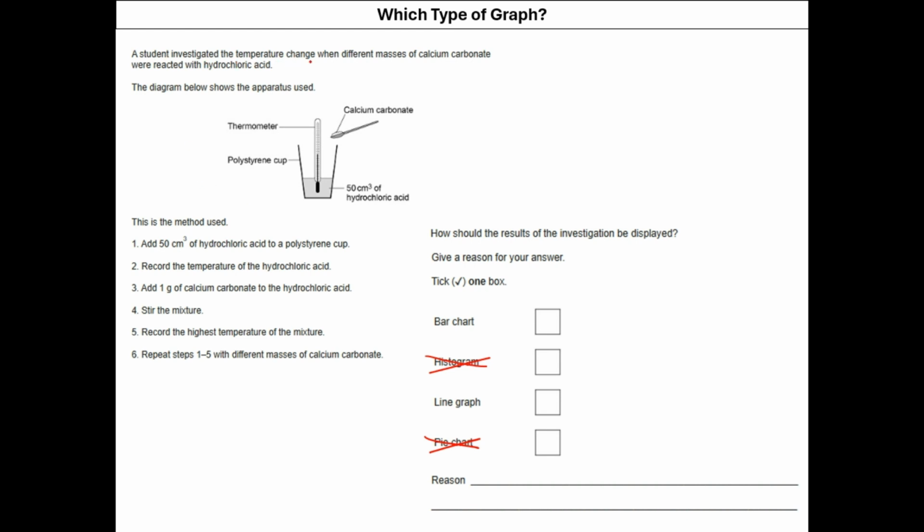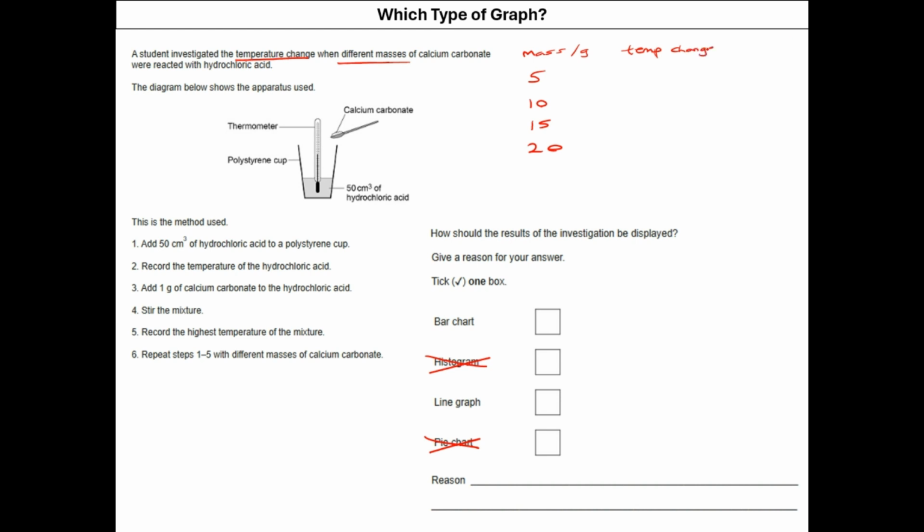So a student investigated the temperature change of different masses of calcium carbonate. So they're going to have different masses of calcium carbonate. So if I did a table of this, I'd have a mass column. Well, that's going to be numbers. That's going to be 5 grams, 10 grams, 15 grams, 20 grams. So that would be numbers. That's continuous. And then they want the temperature change.